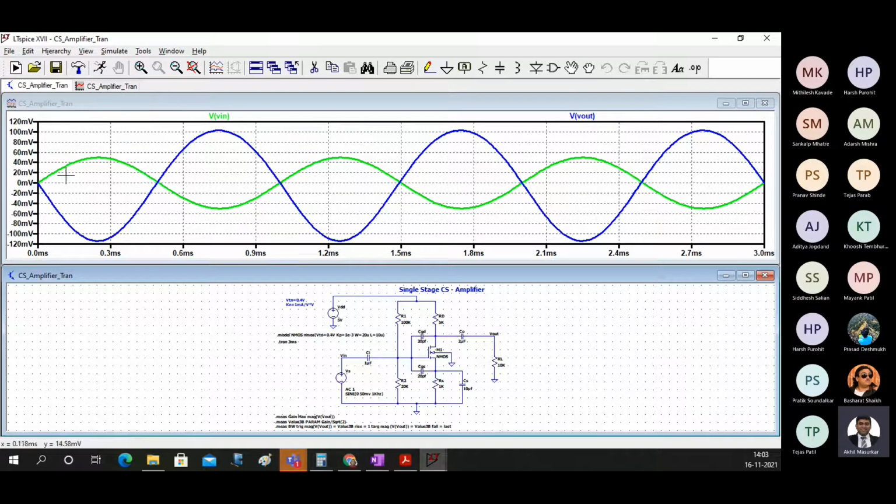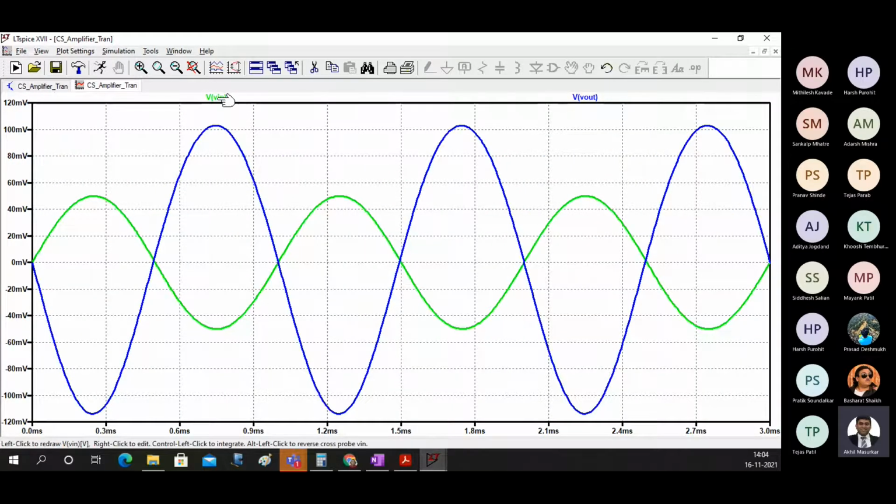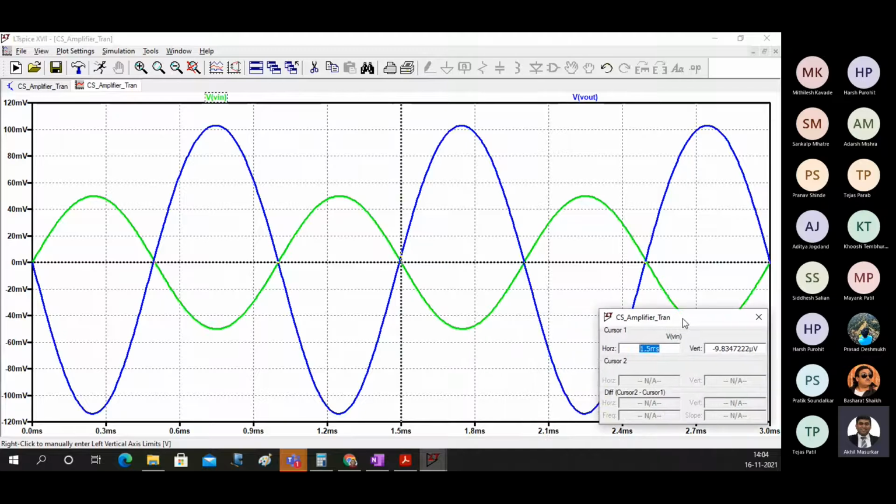So you can see now that if you expand this and use the cursors, the first cursor would get you here.